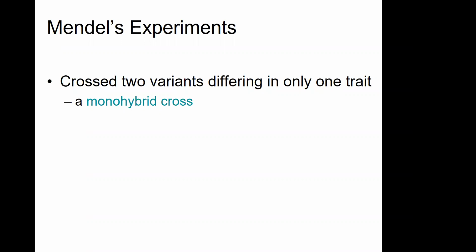And if you let the F1 offspring mate with another F1 offspring, okay? So if this is plants, we would call it a self-cross, because it's just pollinating its own flowers.